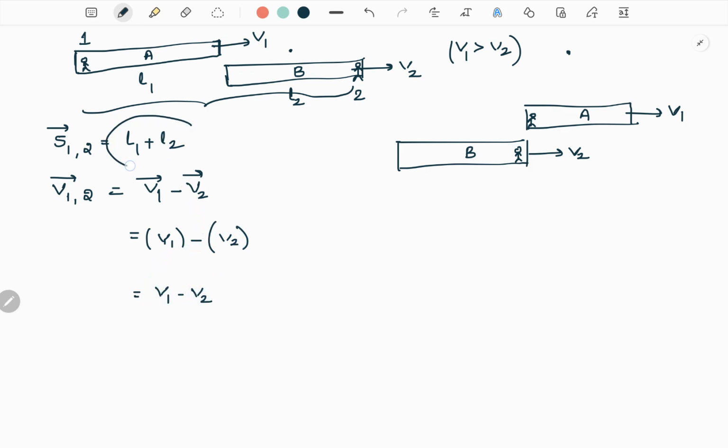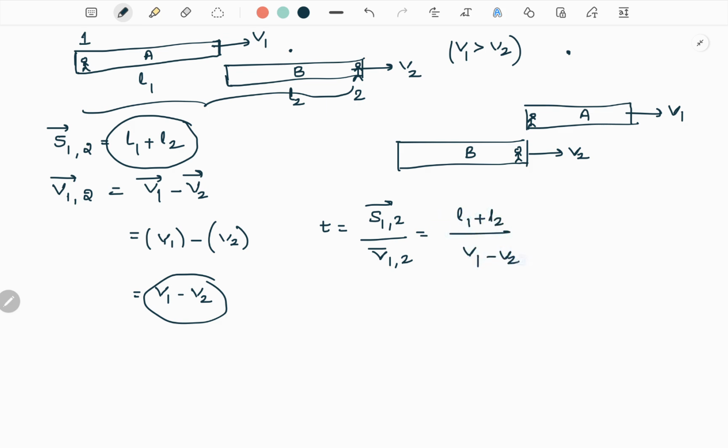The first person undergoes this relative displacement with this relative velocity during the time train A completely crosses train B. Since there is no relative acceleration, time taken is the relative displacement divided by the relative velocity, which is L1 plus L2 divided by v1 minus v2. This is the time after which A would completely cross B.